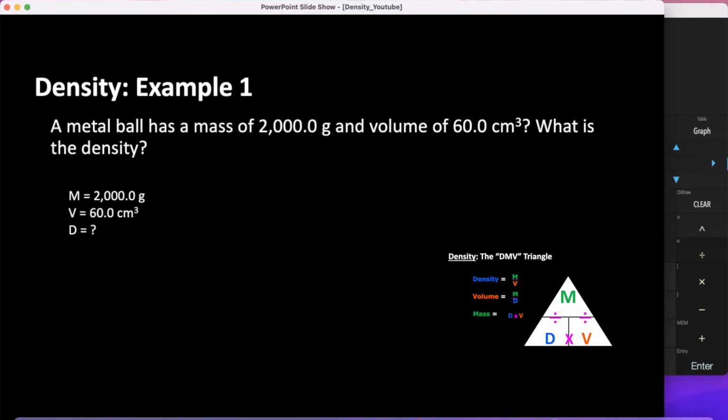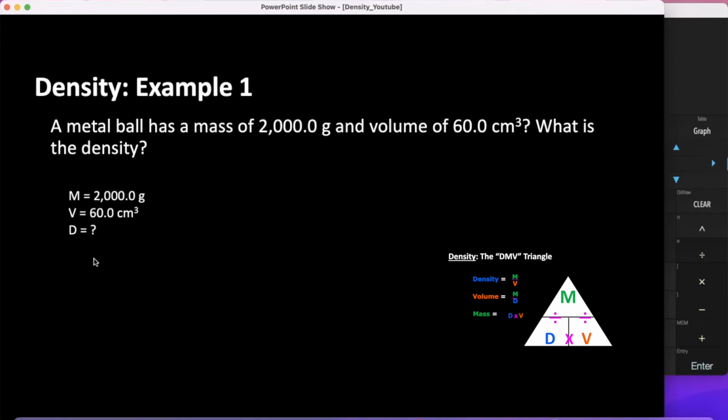Then I'm going to write down what each value is that I can get from what's written in the problem. Mass was 2,000 and volume is 60. And then I put a question mark for D because we don't know, we're going to solve for that density. We don't know that answer yet.